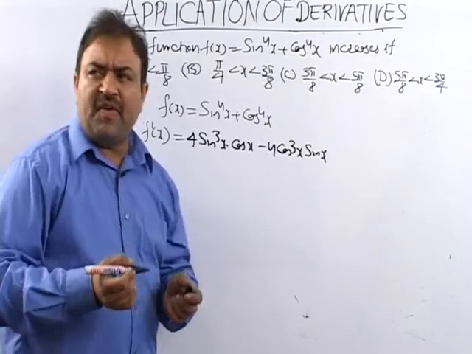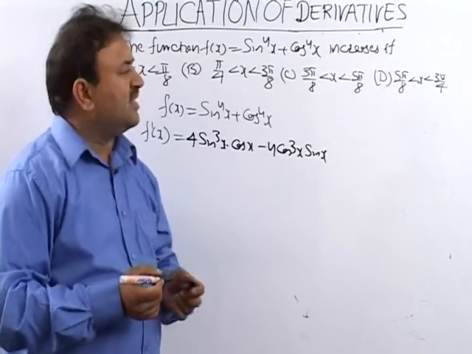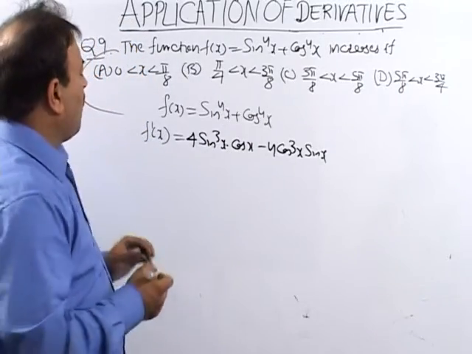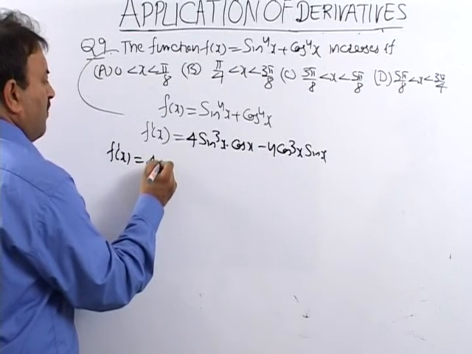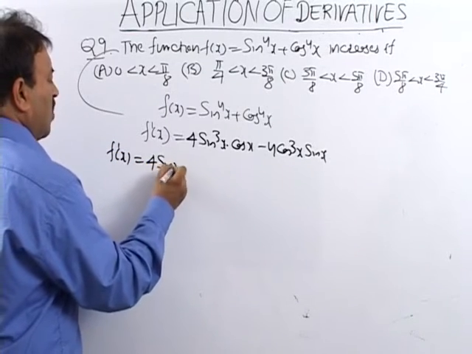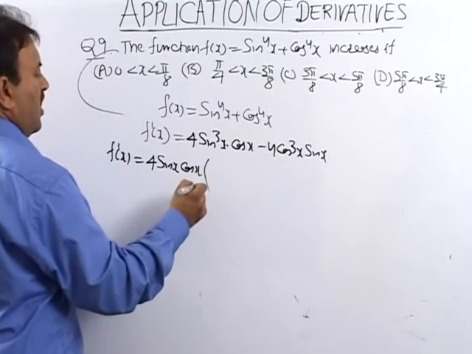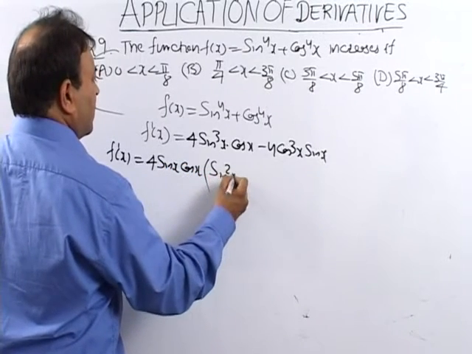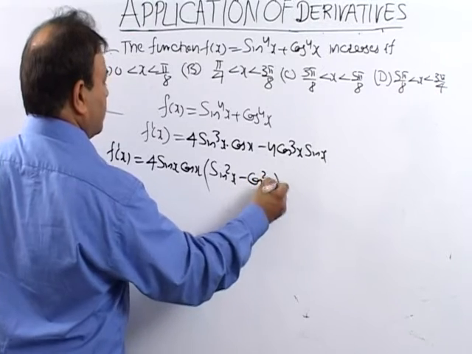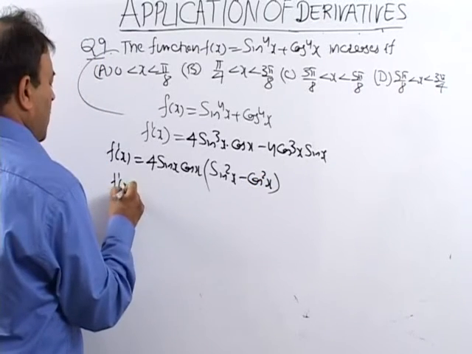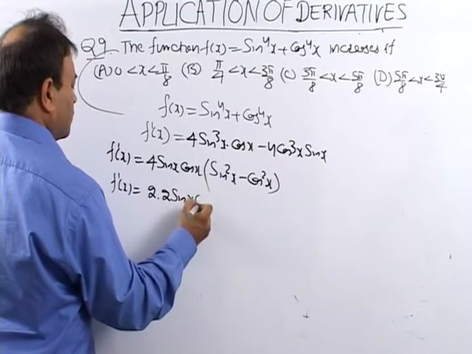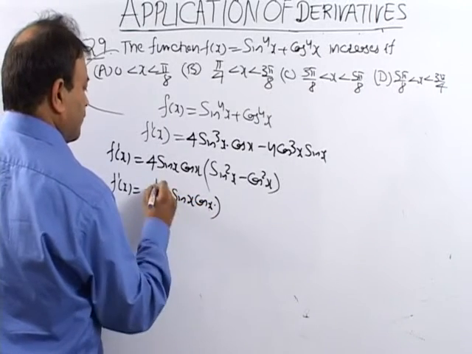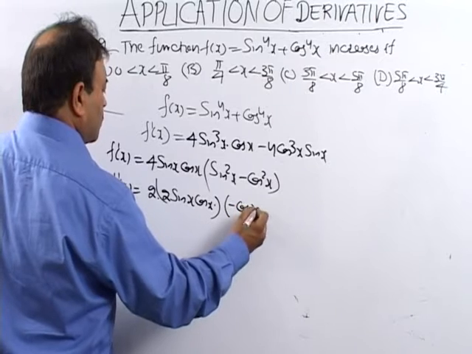Whenever we have to check increases or decreases, we always look for the derivative. F dash x is equal to 4 sin x cos x common. I am left with sin square x minus cos square x. F dash x is equal to 2 into 2 sin x cos x, this is minus cos 2x.